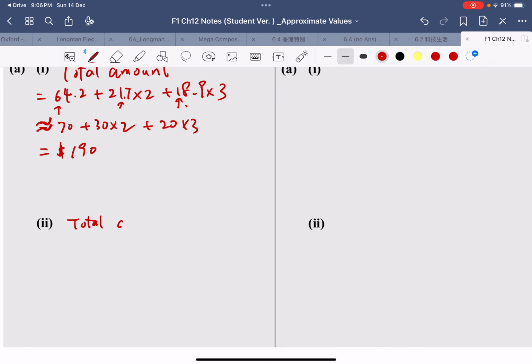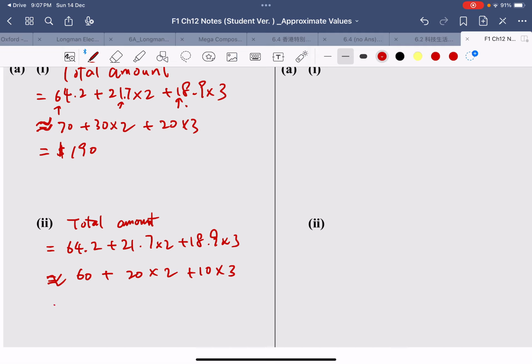Total amount equals approximately equal to 60, round down, 20 times 2, 10 times 3, becomes 130.